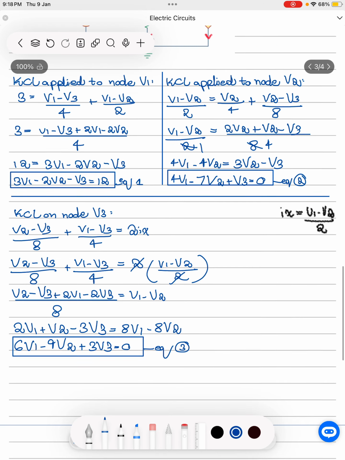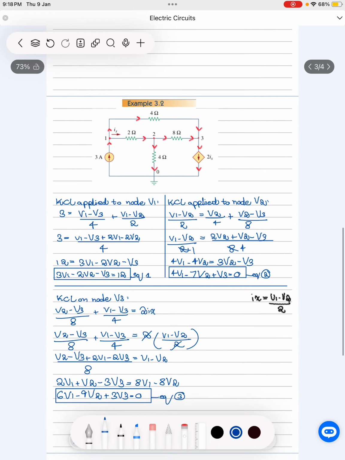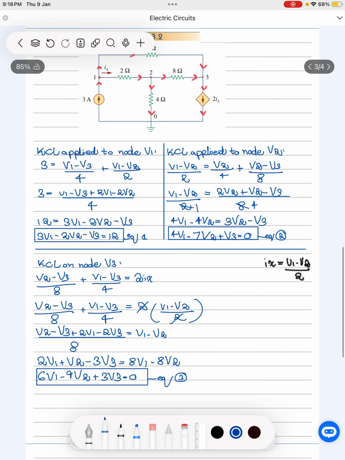Okay, now since we have three equations involving three variables, we can solve these equations simultaneously. I'm just going to plug in these three equations in the calculator. 3, minus 2, minus 1, 12. 4, minus 7, 1, 0. 6, minus 9, 3, 0.